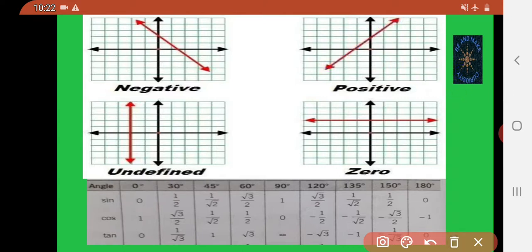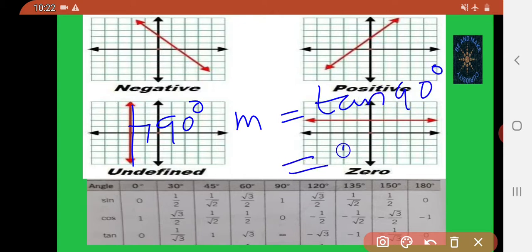Understood? Here you see a vertical line, the angle of inclination is 90 degree, and you know slope is tan 90 degree. Tan 90 degree is not defined, that is infinity. So the slope of a vertical line is not defined.